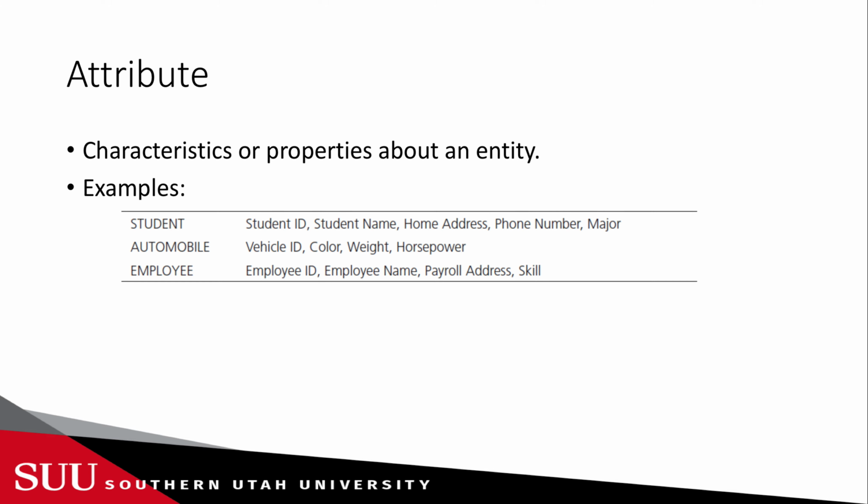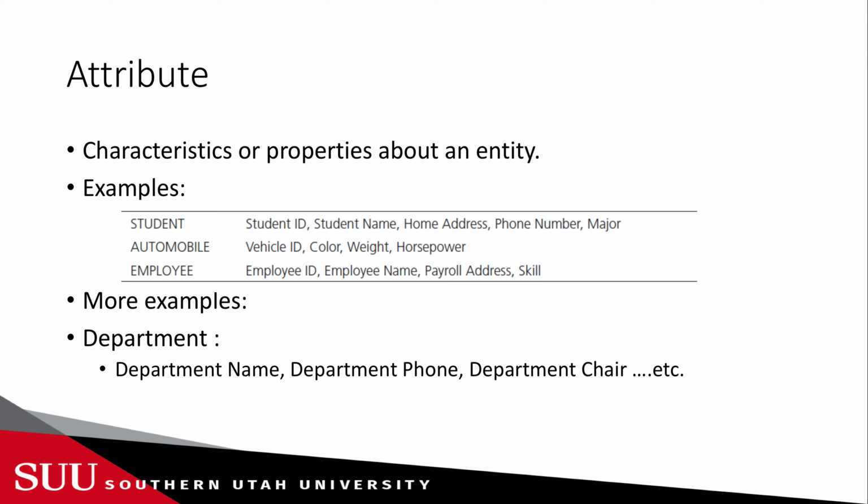Third example would be employee. We have employee ID, name, payroll address, skills, and so on. More examples would be something like department, where we have department name, department phone, department chair, and we can have more attributes as per our requirements.